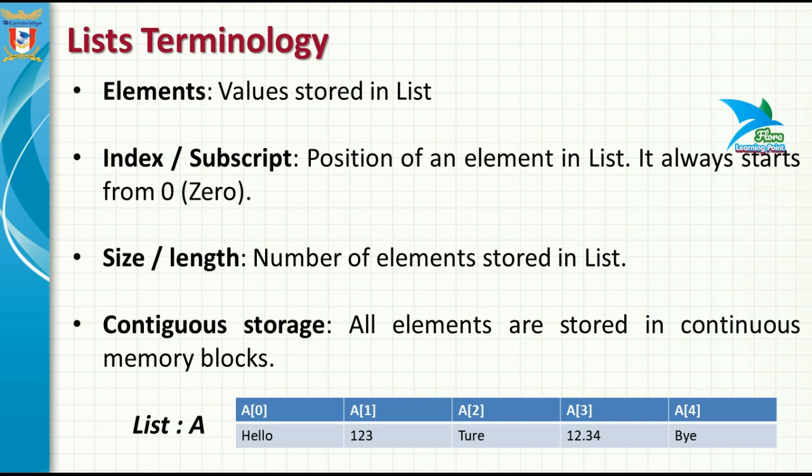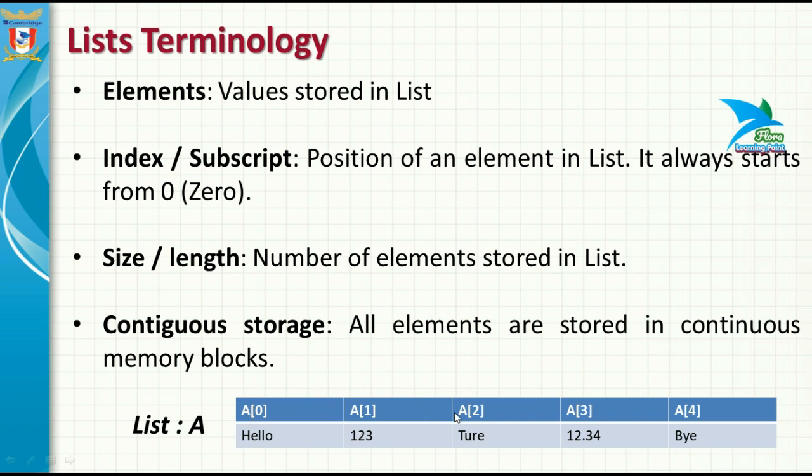The index always starts from 0. The first element is stored at index 0, then the second element at index 1. As in this example, a list with the name A has many elements stored in it, like hello, 123, true, 12.34, and bye, and each value has a unique identity.